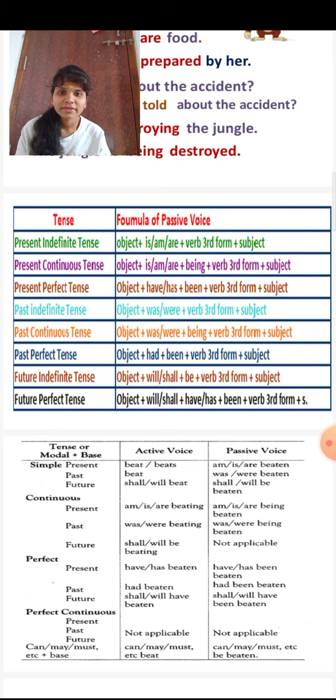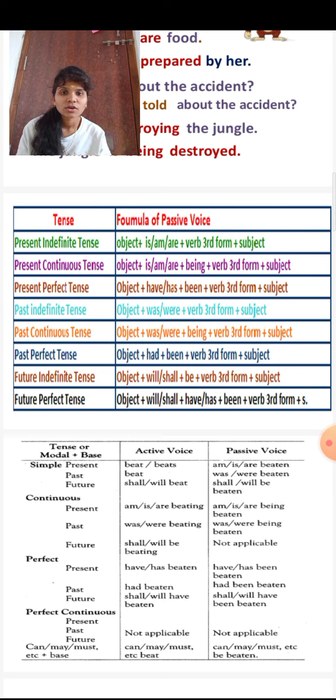And again present perfect tense: object plus have/has plus been plus verb third form plus subject. And next past indefinite tense: object plus was/were plus verb third form plus subject. Next past continuous tense.